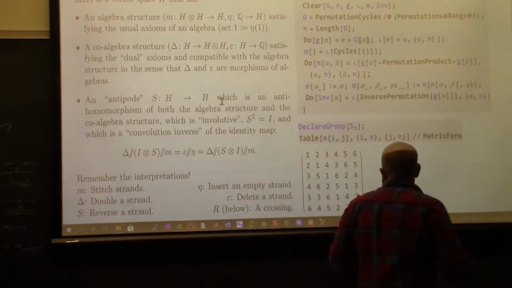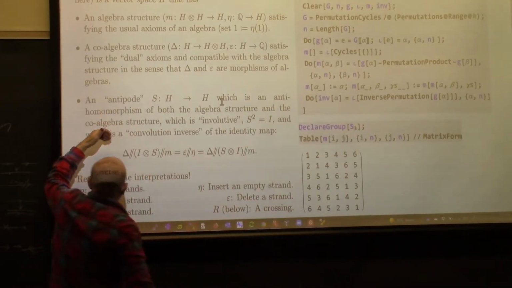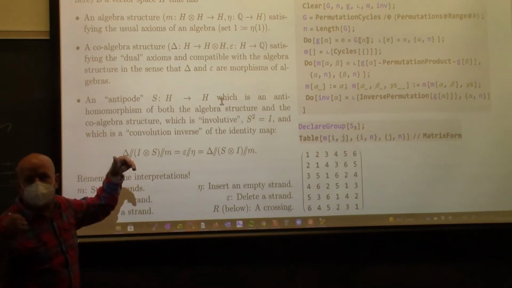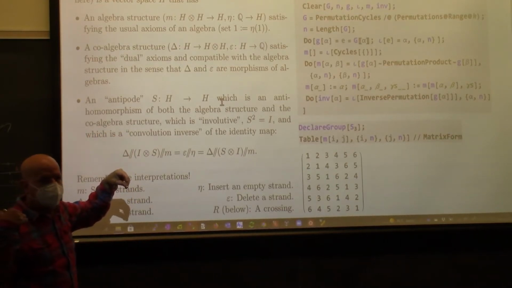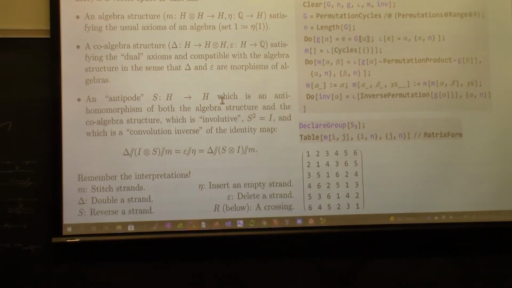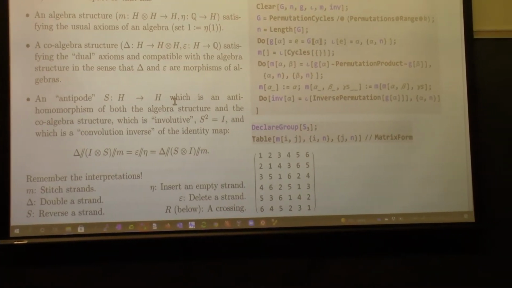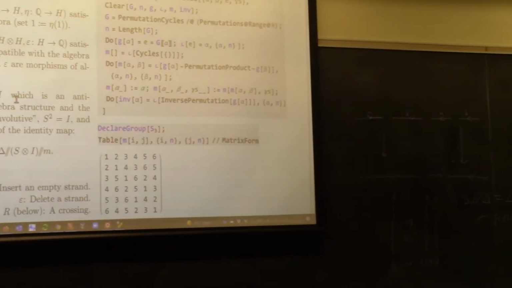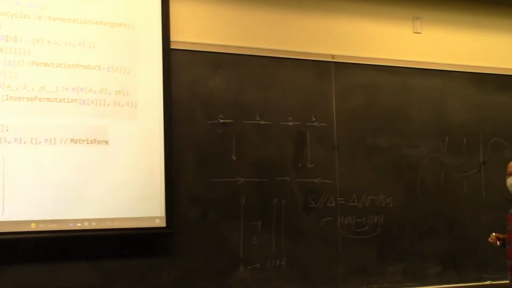Again, as an algebraic axiom, it's just an axiom. But what does it correspond to in knot theory? So in knot theory, it corresponds to the following. If you have a strand, and you know, it can go over things, under things, it could be long.